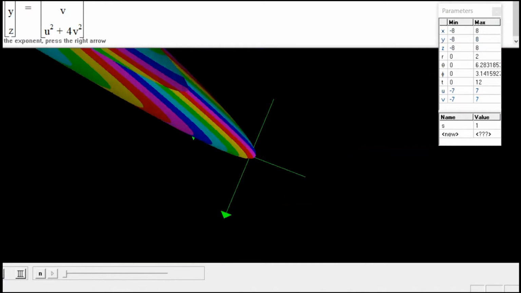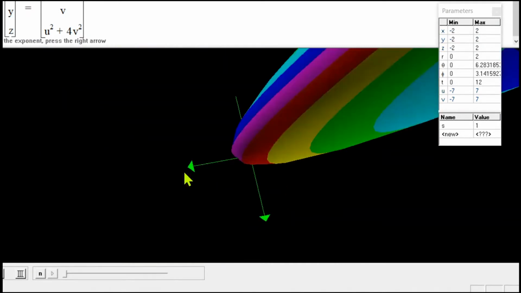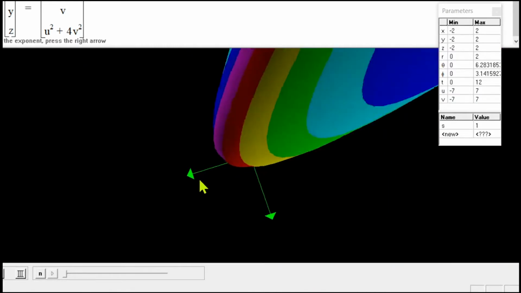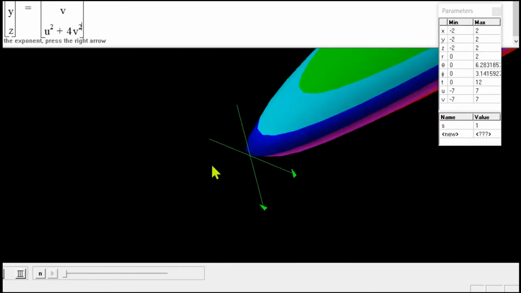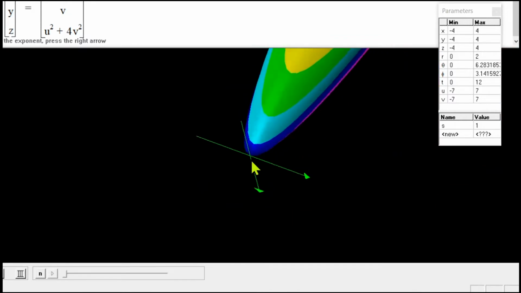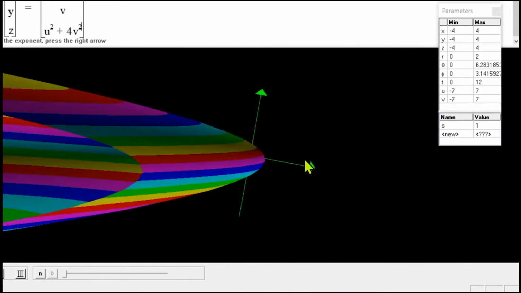I'm going to zoom in a little bit, but zoom out, zoom in. So you remember this? Do you remember the paraboloid? It looked like this, correct? I guess I will zoom the other way. Right, how about that? So it creates exactly the same parametric functions that we are used to.